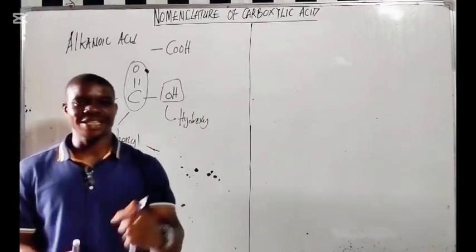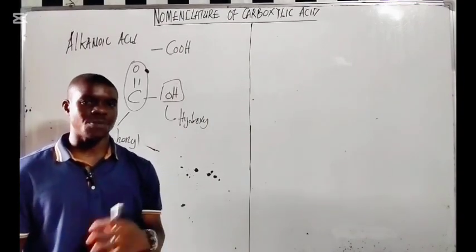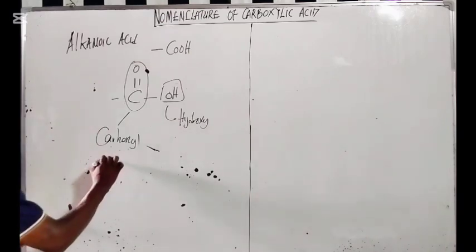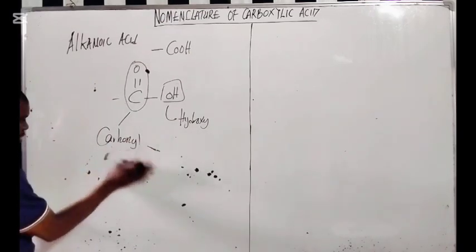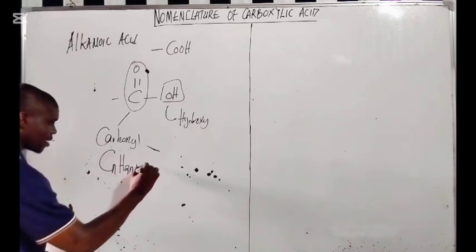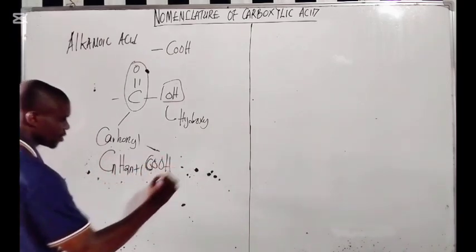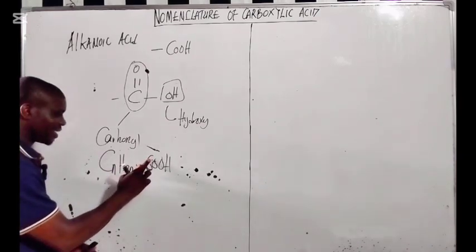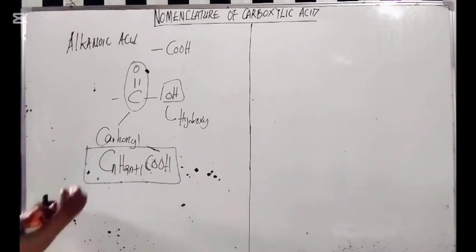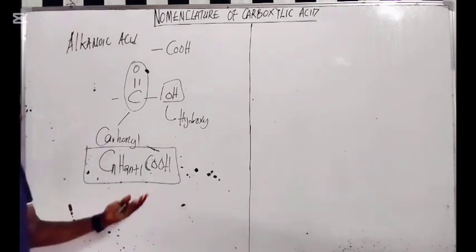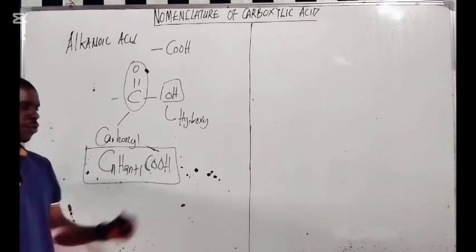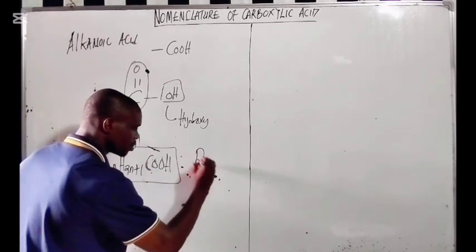So now, what is the general molecular formula? Because sometimes they normally ask it here. The general molecular formula for alkanoic acid is R here, so it's going to be CnH2n+1 COOH, which is also written as RCOOH.